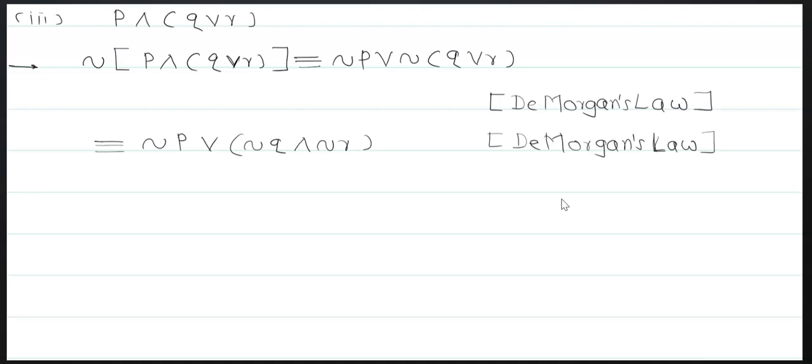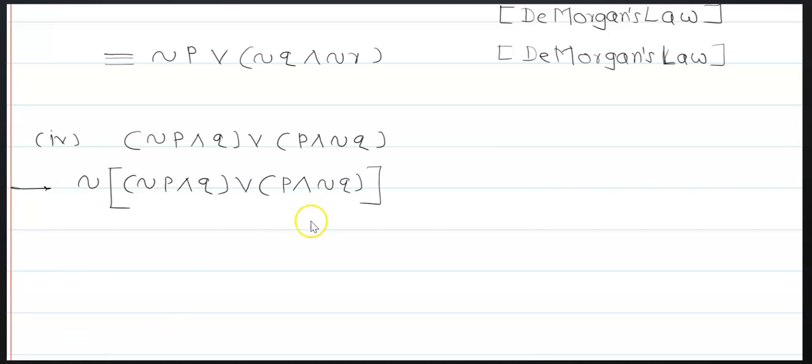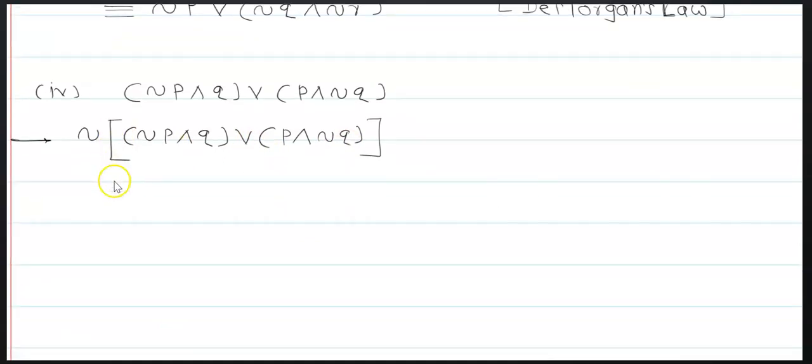Next is the fourth one. That is negation of P and Q or P and negation Q. Now again this and will become or, and both of the brackets will have the negation sign.